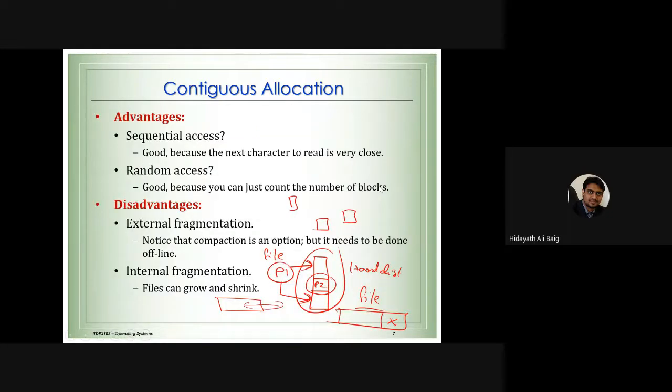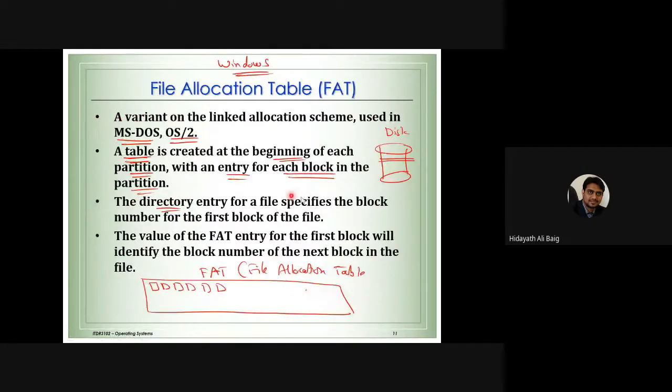But here, for a specific file, the directory entry specifies the block number of the first block of the file. That is what is in the directory.